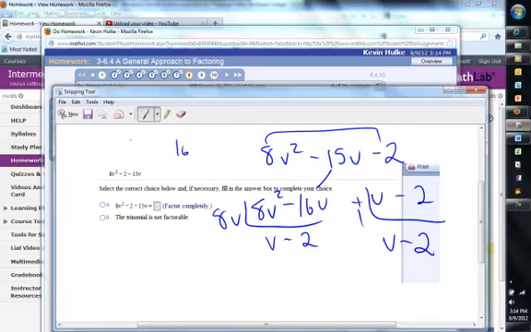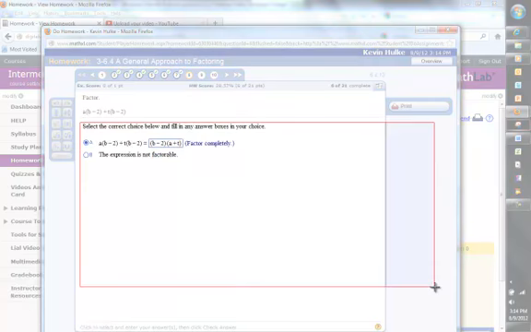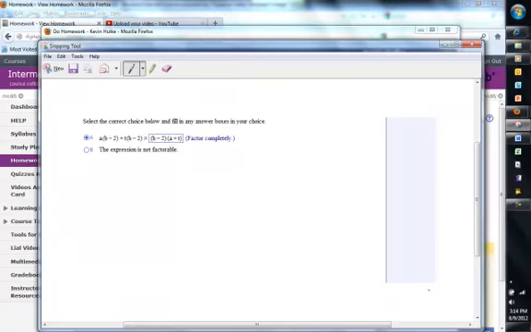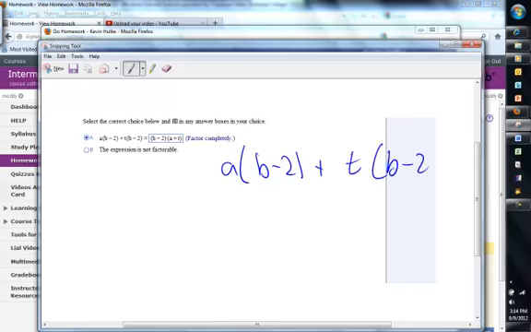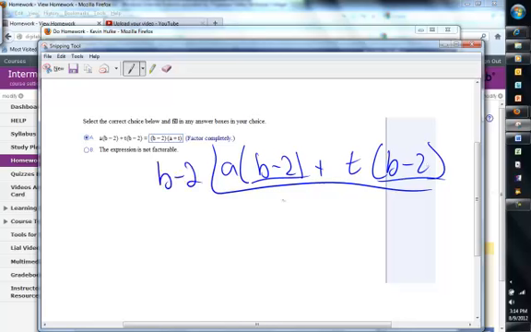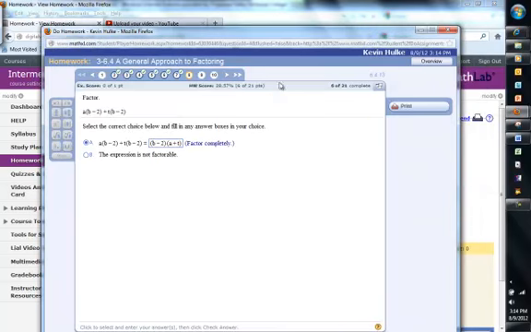Now I'll show you on the screen how it works. a parentheses b minus 2 plus t parentheses b minus 2. We can factor b minus 2 out of both of them, and we're left with a plus t, which is what I've got there. Okay, next one.